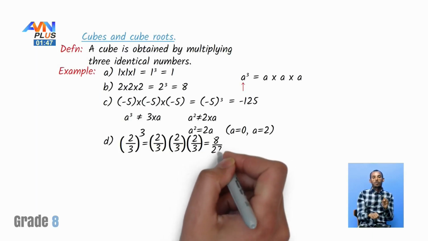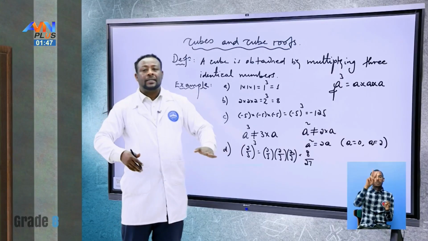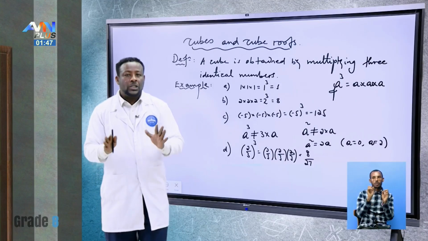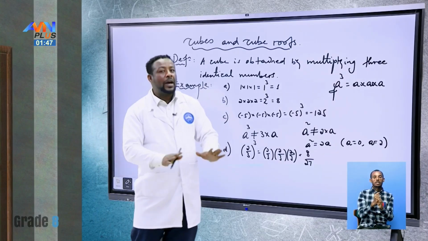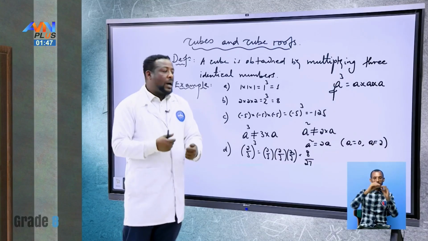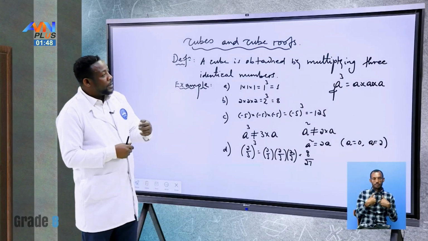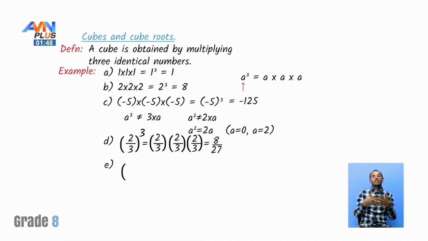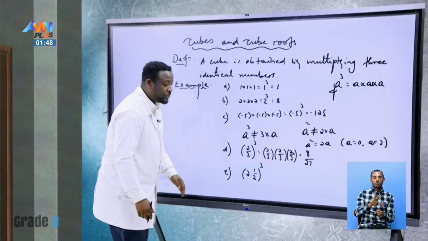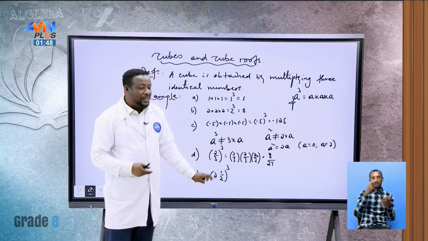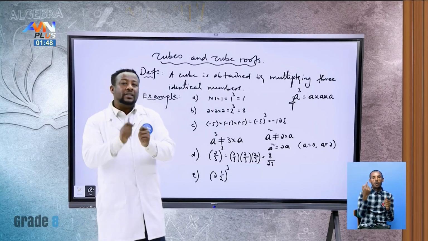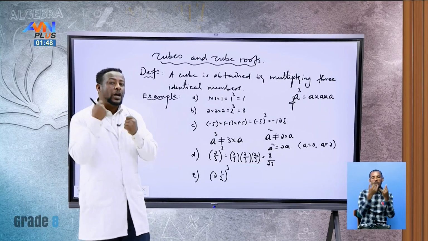So the cube of 2 over 3 is 8 over 27. The procedure works for every rational number, but when we have a rational number in mixed fraction form, like 2 and a half, the whole cube, if you are asked to calculate the cube of this mixed fraction, always convert the given mixed fraction into an improper fraction.